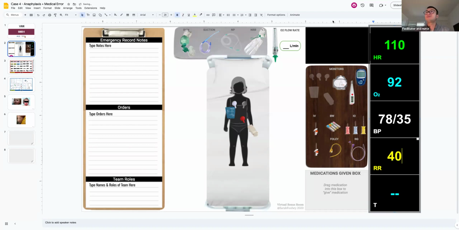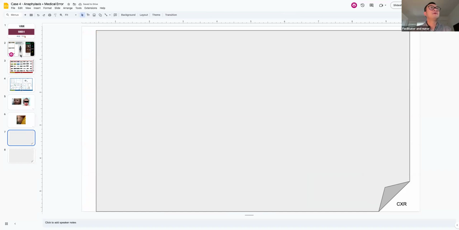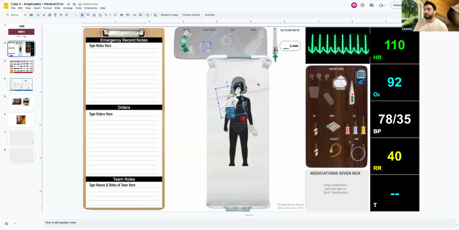Yes. And then circulation? The cap refill time is normal overall. Okay. And heart sounds are normal. Yes. Okay. And as far as pupils and the glucose? Pupils are equal and reactive. Glucose is 6.5. Patient is alert and oriented. Looks like their GCS is 15.